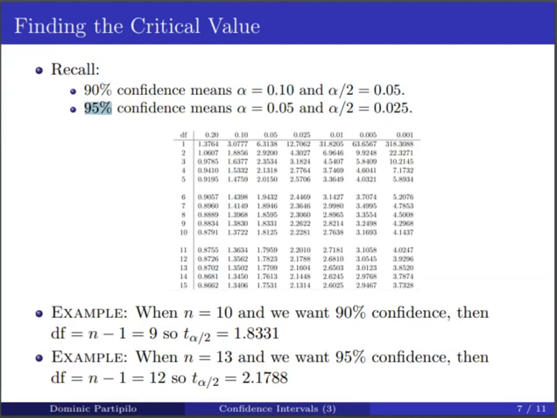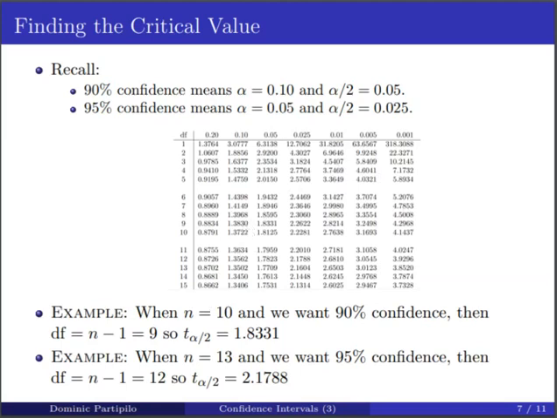Similarly, with 95% confidence level, that means alpha is going to be 0.05, and that means alpha half is going to be 0.025. So when we look this up on the table, we're going to find that alpha half value up here, and we're going to find our degrees of freedom here. And where those two meet is going to be our critical value in the middle of the table.